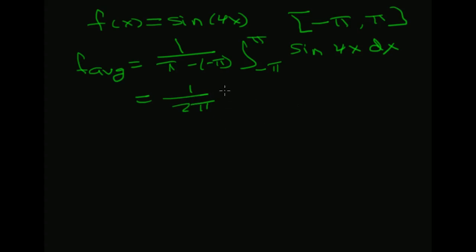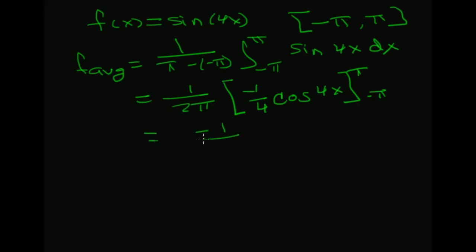So let's see what happens next here. I have sine of 4x dx, so the antiderivative of that is negative 1/4 cosine of 4x from negative pi to pi.